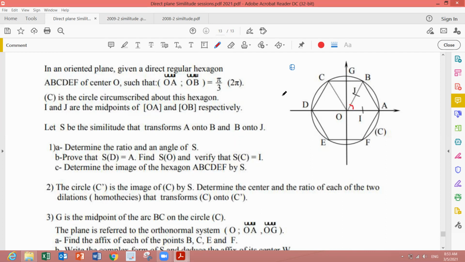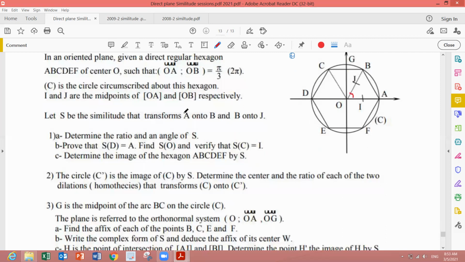C is the circle circumscribed about this hexagon. I is the midpoint of OA, and J is that of OB. Let S be a direct plane similitude that transforms A onto B and B onto J.